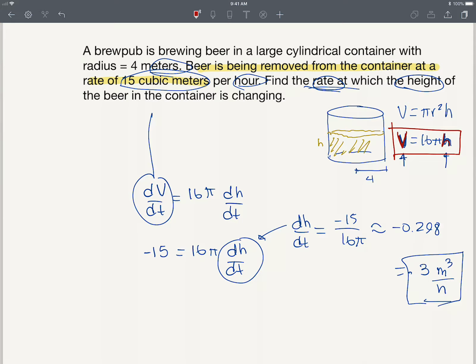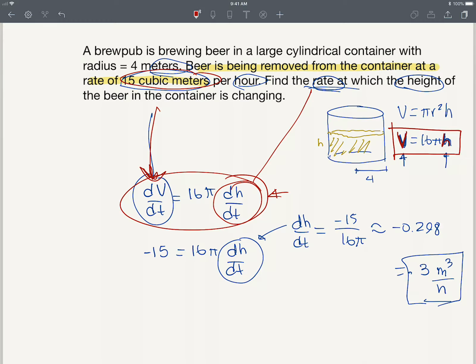And from that equation, you take the derivative to come up with an equation that relates the derivatives of those quantities. That's why it's called a related rates problem: two rates that are related somehow. Then they give you information on one of them. You plug that in here, and with that information, you can solve for the rate that has been asked for. Okay, I hope that helps.